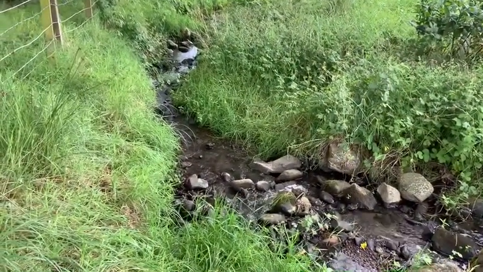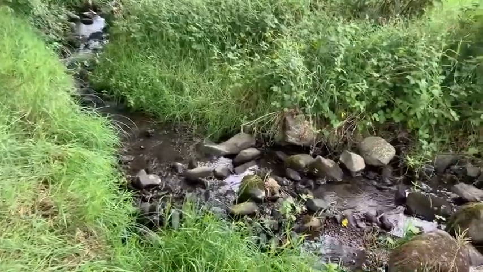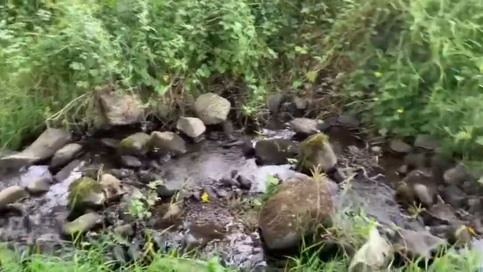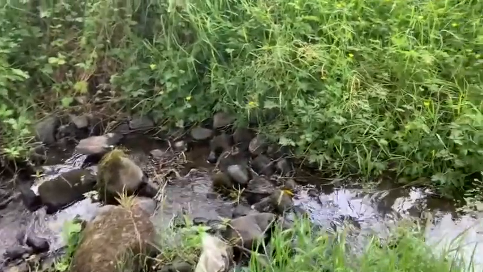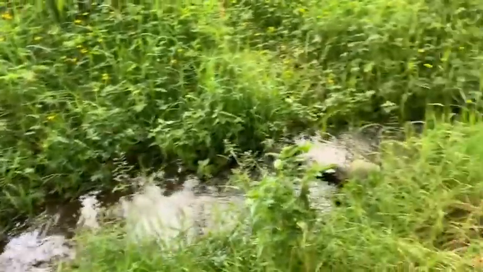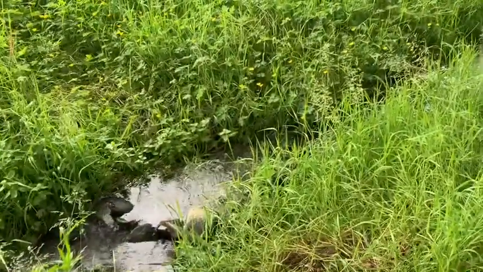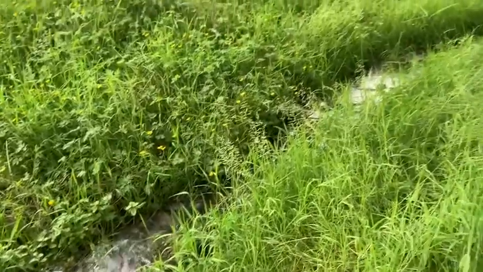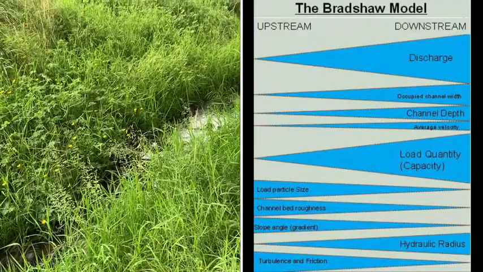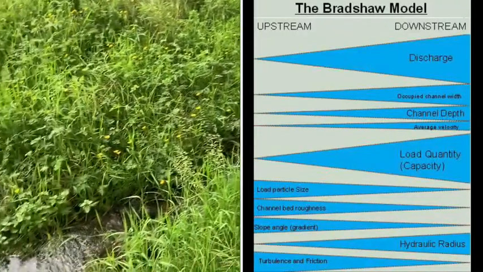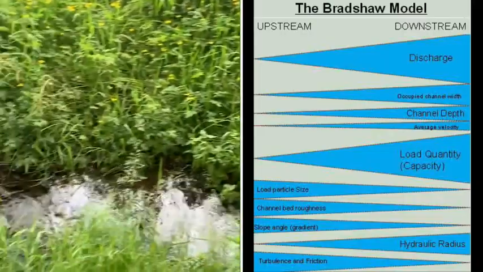Now, the first thing you will be doing when you get your data is exploring what your data says about this location. Let's have a quick review of what you will be seeing in regards to the 4 main characteristics that we are studying. The first one is discharge, and you will have found that the discharge is exceptionally low at this location.